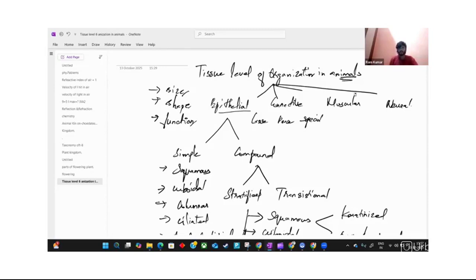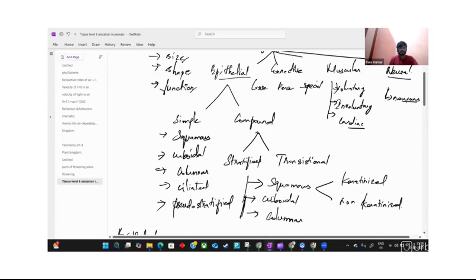Muscular tissue is classified as voluntary, involuntary, and cardiac muscles. Neural tissue mainly consists of neurons only.